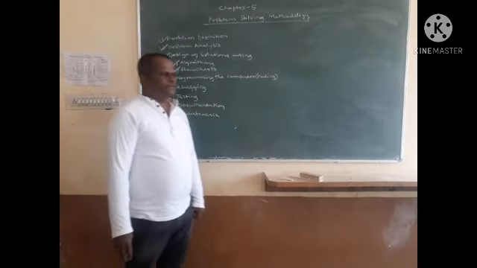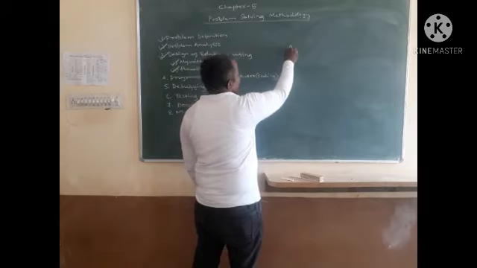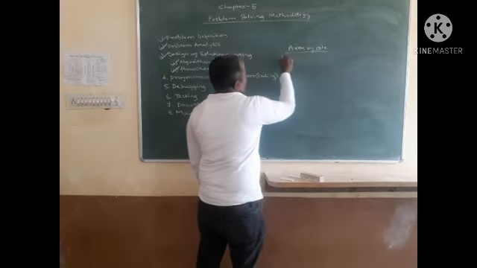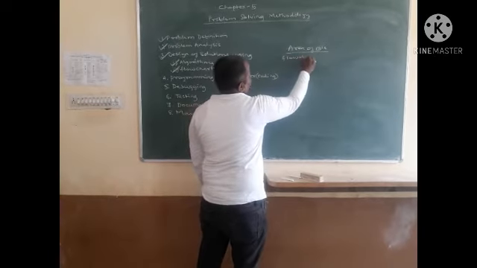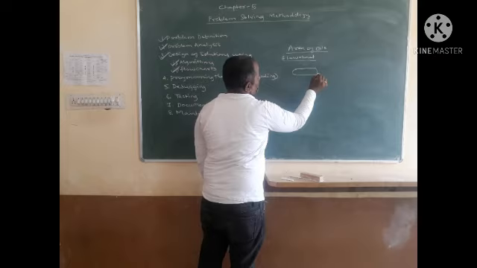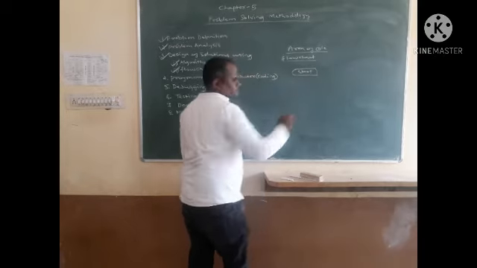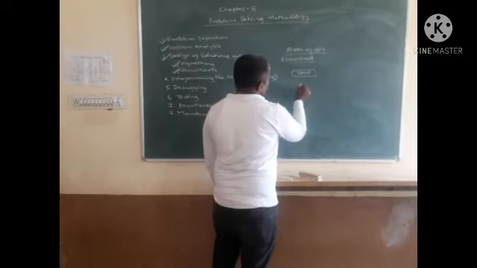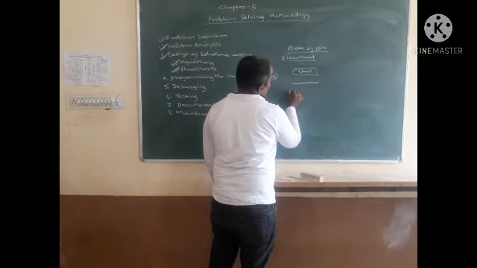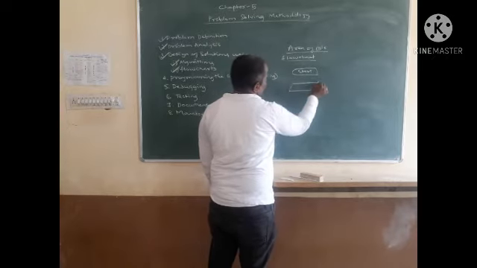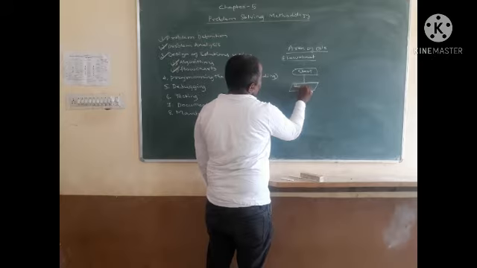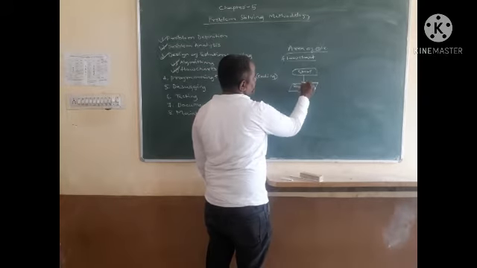Like for the same problem we have seen, the area of a circle, how do we draw the flowchart? In that flowchart, we make use of an oval for start. Then we take the input, that is, read the radius r.